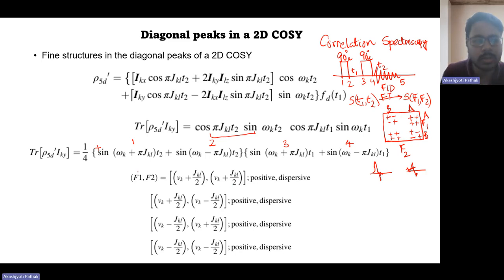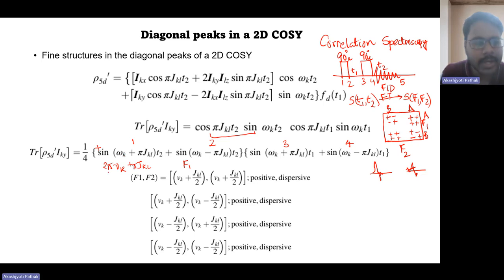Now also in the F1 dimension, you will observe a peak at this point, nu k plus. What has been done here is that omega k, you can write as 2 pi nu k.